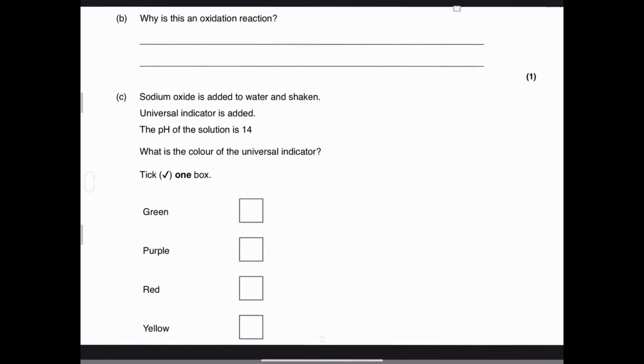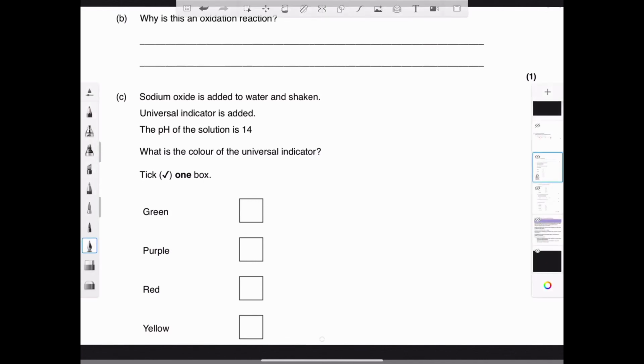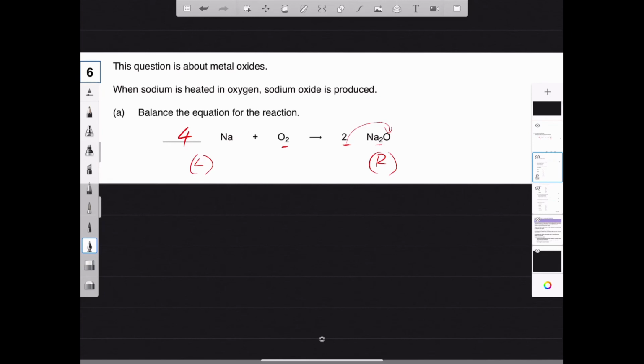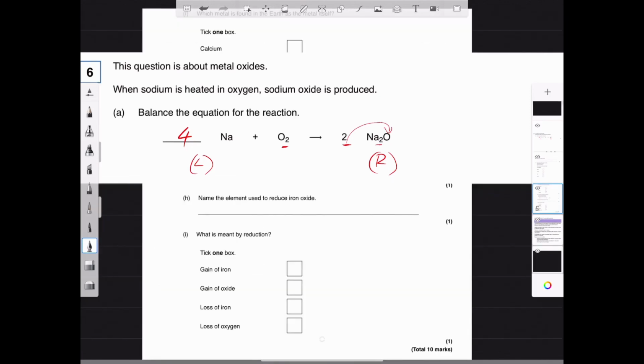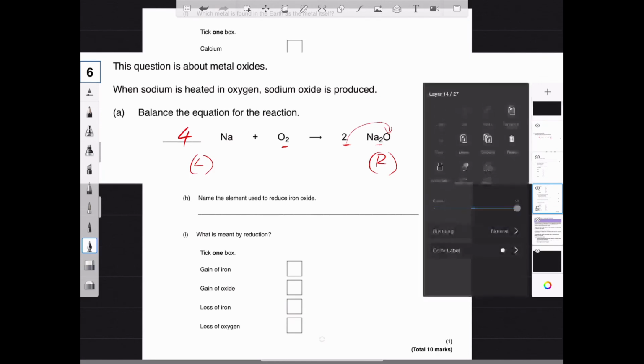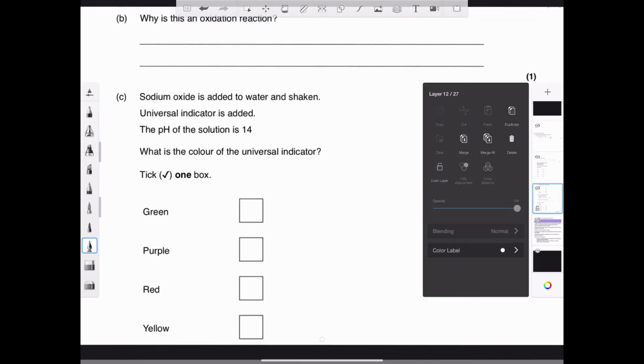It says here, why is this an oxidation reaction? So going back to the equation, we have sodium plus oxygen gives us sodium oxide. And the question being asked here is, why is this an oxidation reaction?